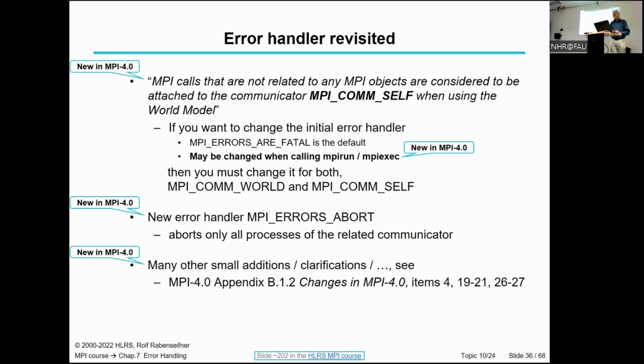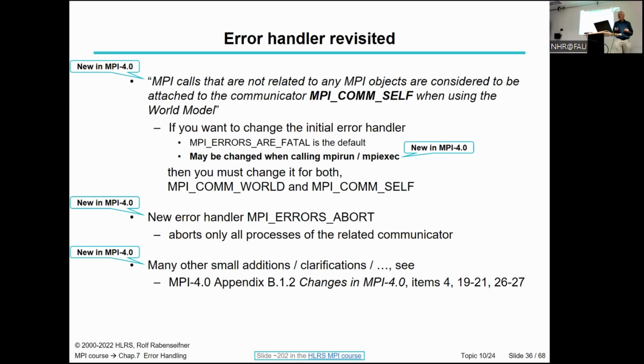This means, in principle, when you want errors to be returned, you must always, after MPI init, change the error handler for MPI comm world and MPI comm self. This is a real change in the MPI standard.